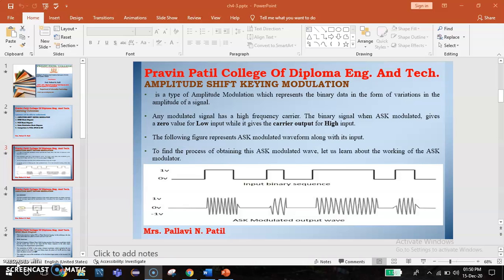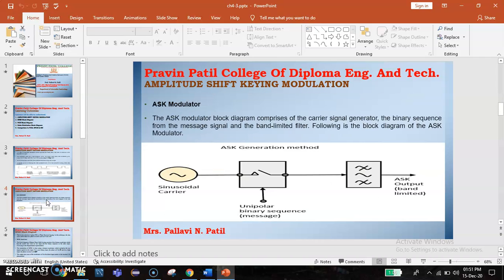Simply, ASK is a digital modulation technique in which the carrier takes one of two values in response to 0 and 1 of the digital modulating message signal.